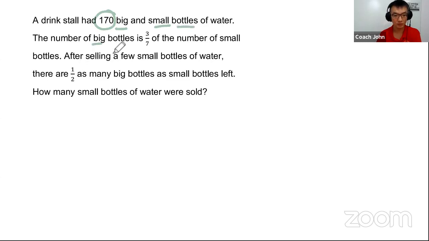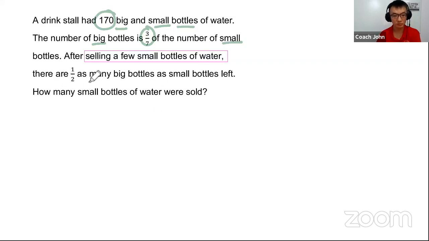Then you have big 3/7 small. Then selling a few small bottles of water. So this is a change. Make sure that you highlight the change using another color. Then for after, let me just use orange.